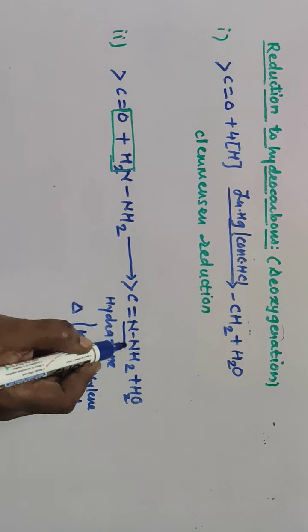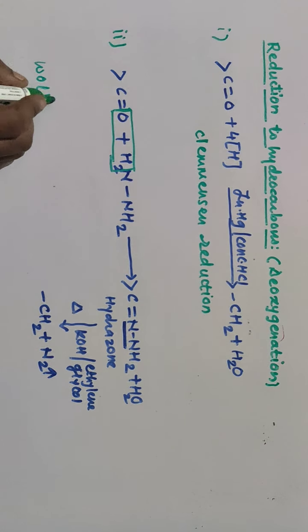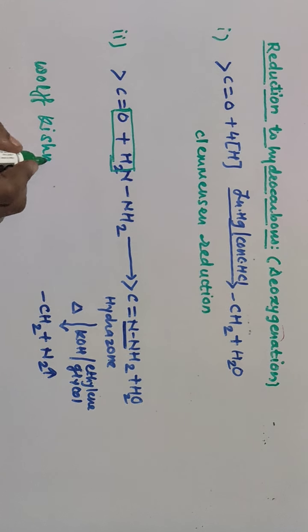The two nitrogen atoms are removed from the hydrazone, and you will get the corresponding CH2 group plus liberation of nitrogen gas. And this reaction is the Wolff-Kishner reduction reaction. This is also again important.